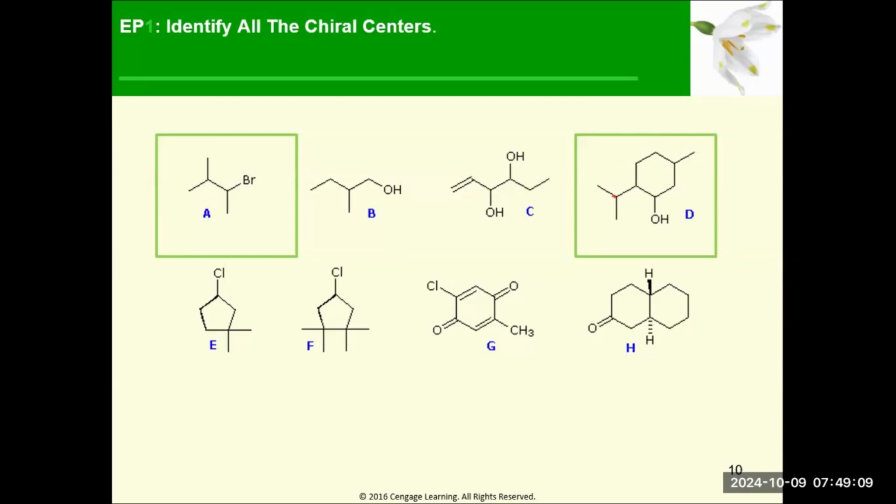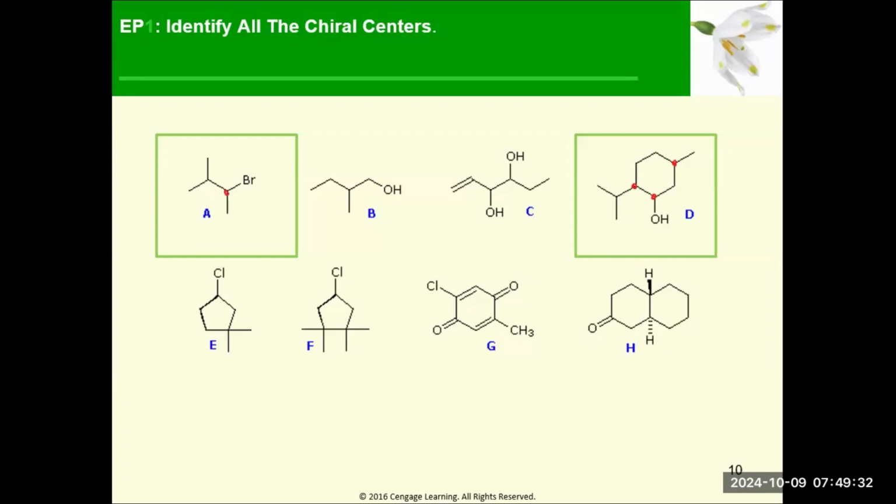However, this CH group has two methyl groups. Those are identical, so that one would not be chiral. All right, so our chiral centers would be here, here, and here. And again, for A, the chiral center is here.